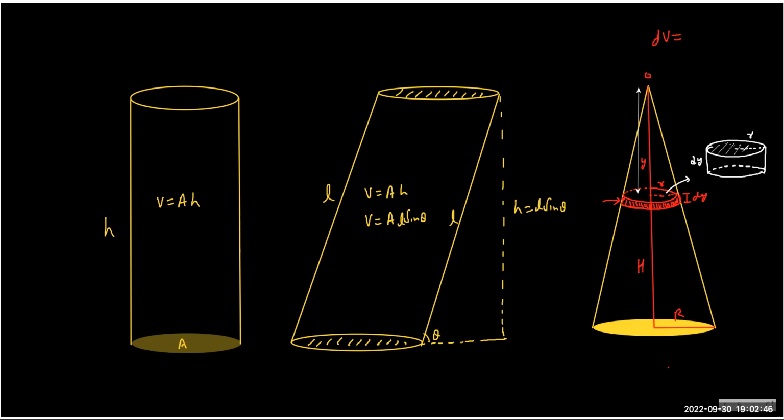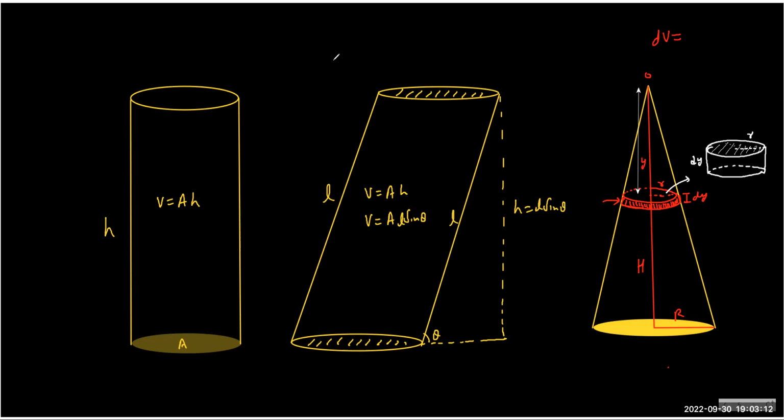It is pi r square. It's cross sectional area I'm asking, isn't it? So why did it take so much time to answer this question? So the cross section area of a cylinder, we know it's circular area. So the area is pi r square. Yes or no? Yes, sir.